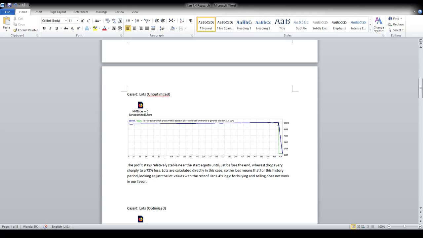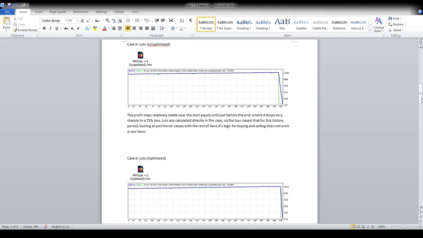Up until just before it closes, it's at a slight profit, and then just as it closes, it goes to a 75% loss. Looking at the history, you can see that the only reason this happens is because it's being forced to close at that point, and all of the current open orders are at a very low profit.